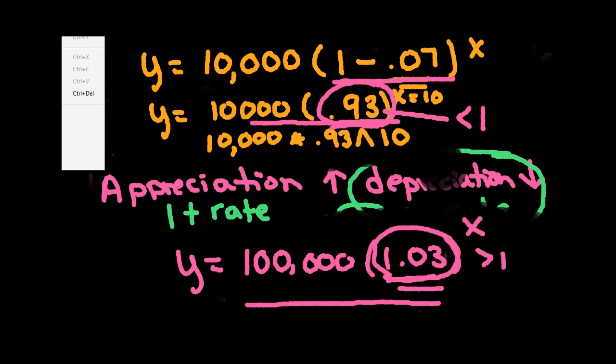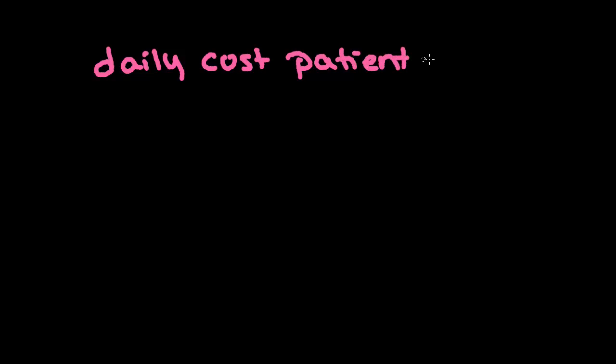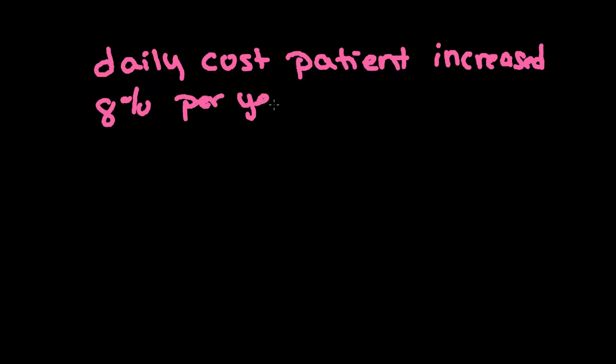All right, so let's look at a different type. Let's say we're looking at the daily cost of a patient in a hospital, the daily cost of a patient at a hospital in the United States, and it has increased at about 8% a year since 1985. 8% per year since 1985.